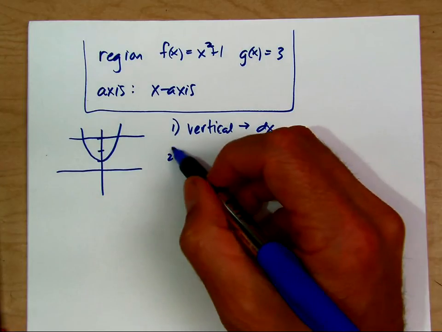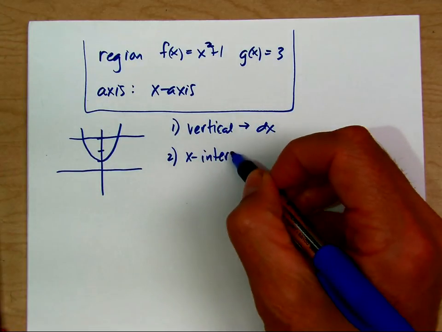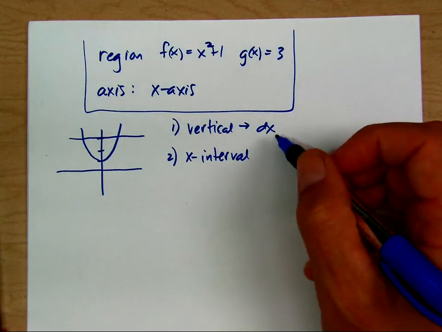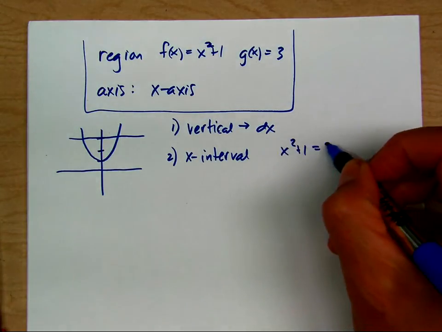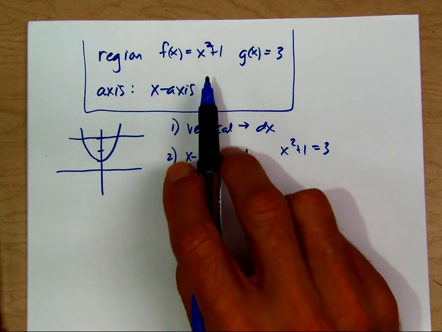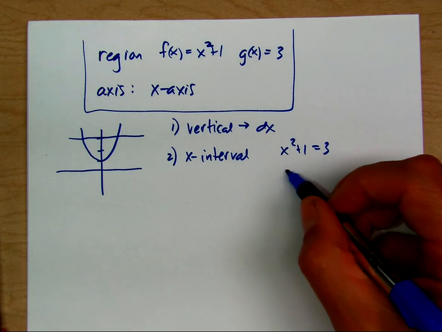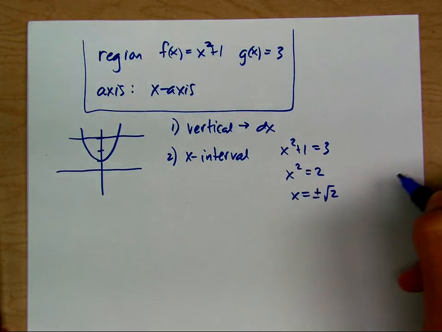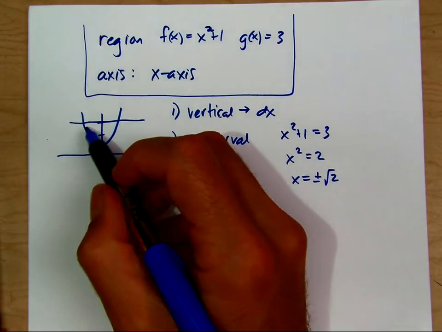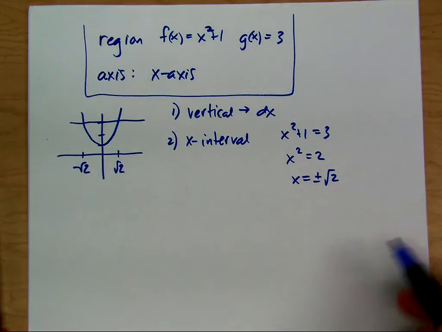We'll do everything in terms of x. That means we need an x interval. And the x interval is going to be when x squared plus 1 equals 3. When x squared plus 1 equals 3 will give us the intersections. x squared equals 2 and x equals positive or negative radical 2. So this is negative radical 2 and that's positive radical 2.